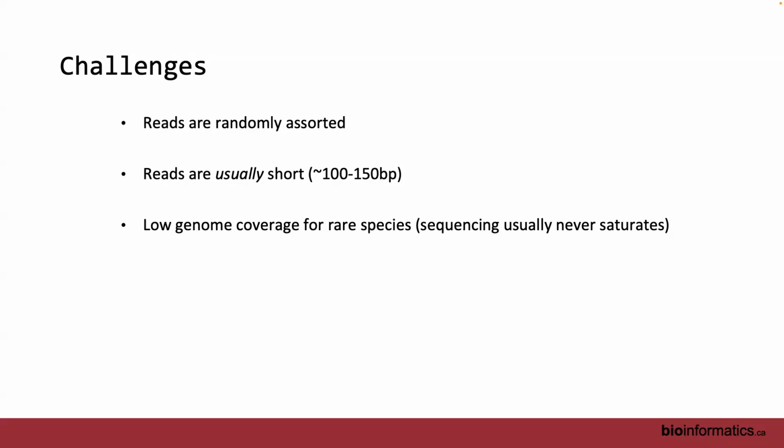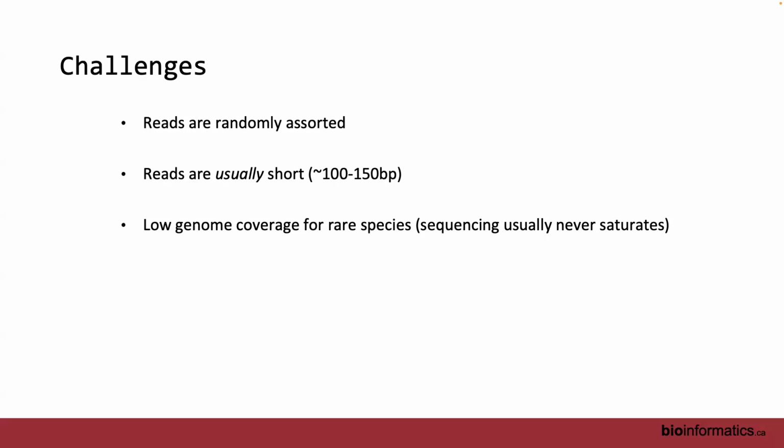And even though sequencing depth is increasing, and maybe if you have a huge budget you can sequence a lot, we're not saturating our sampling, right? We have often hundreds or thousands of different species within a sample. Each of those has lots of cells represented within that environment, and they each have a genome, right?